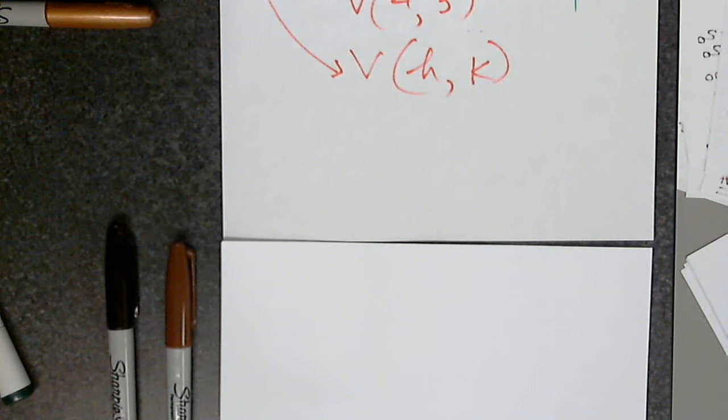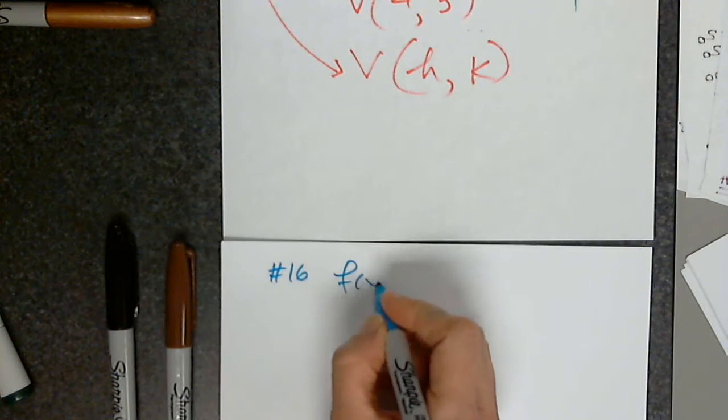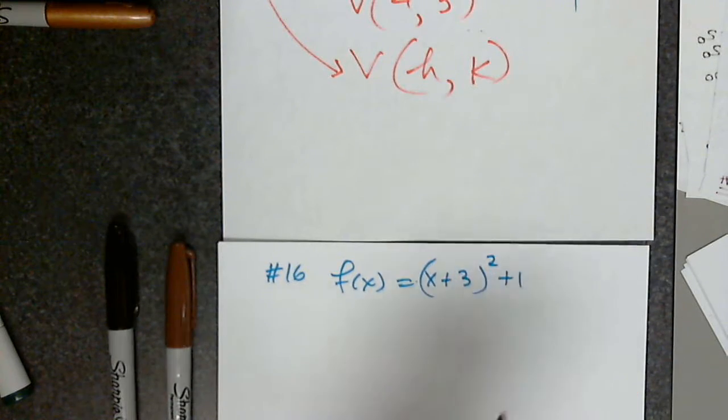Okay, on page 696, do I get to choose or you want to choose? I'm going to choose 16. We are given a function, x plus 3, everything squared, plus 1.